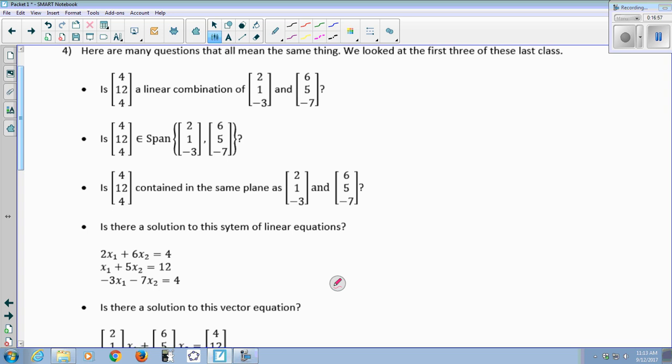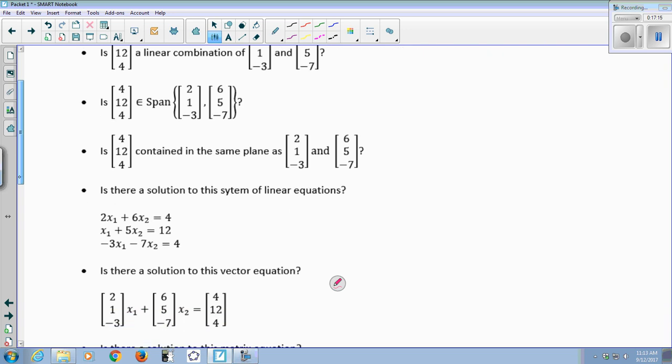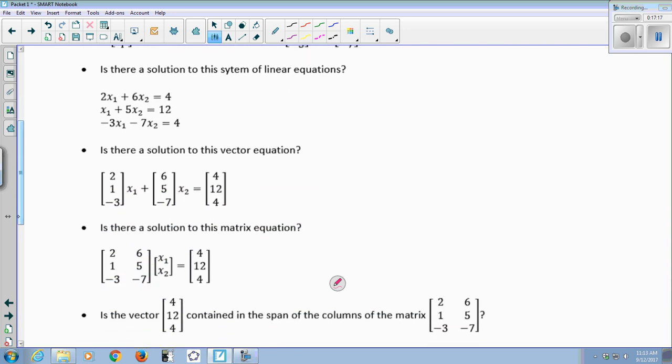So if 4, 12, 4 is a linear combination, it is in the set of all linear combinations. And then again, is 4, 12, 4 contained in the same plane as those 2 vectors? That's just a geometric way of asking the same question. Now I've got some more versions of that same question. Is there a solution to this system of linear equations?